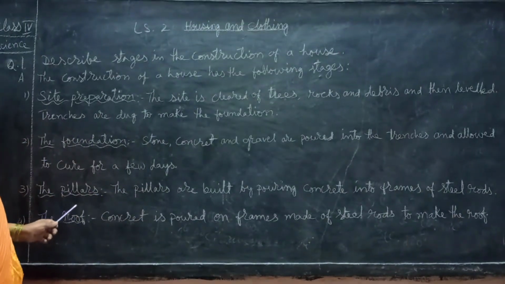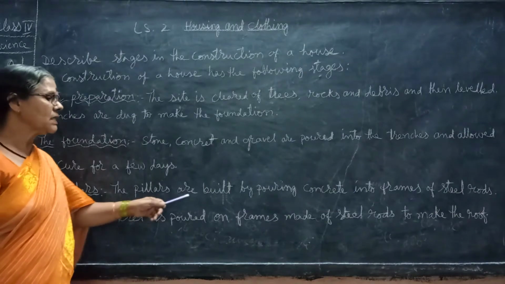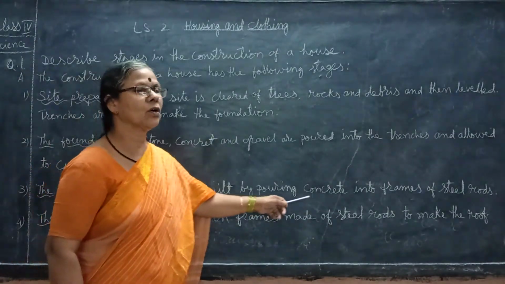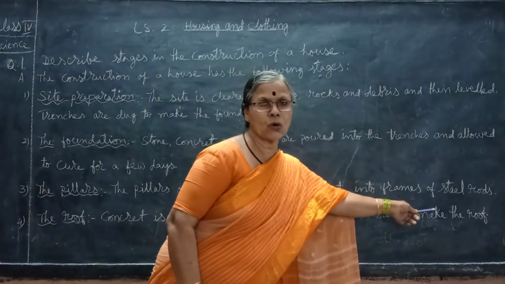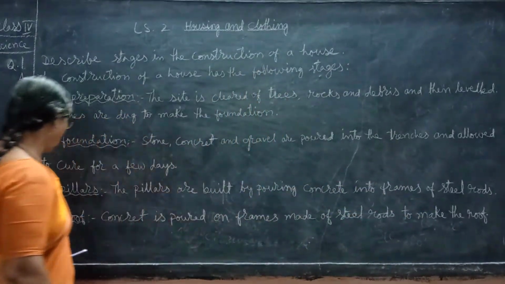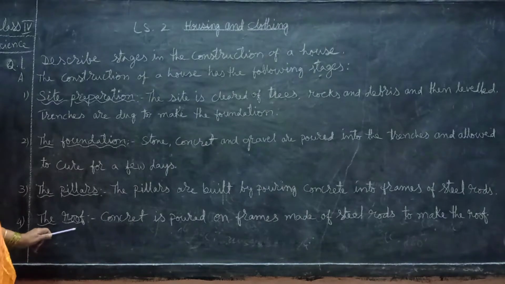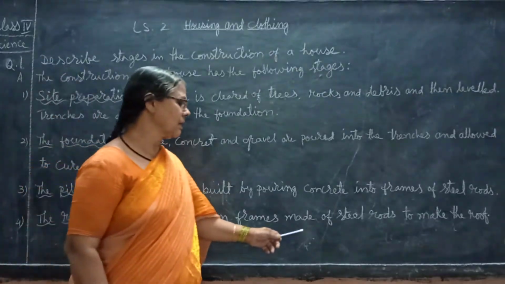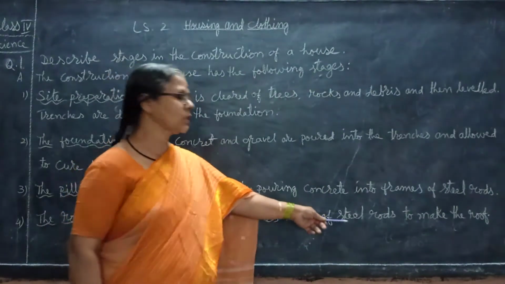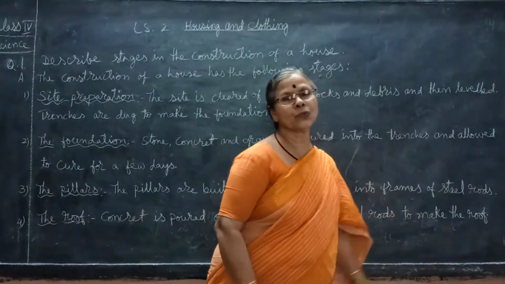Then the third stage is the pillars. The pillars are built by pouring concrete into frames of steel rods. Fourth stage is the roof. Concrete is poured on frames made of steel rods to make the roof.